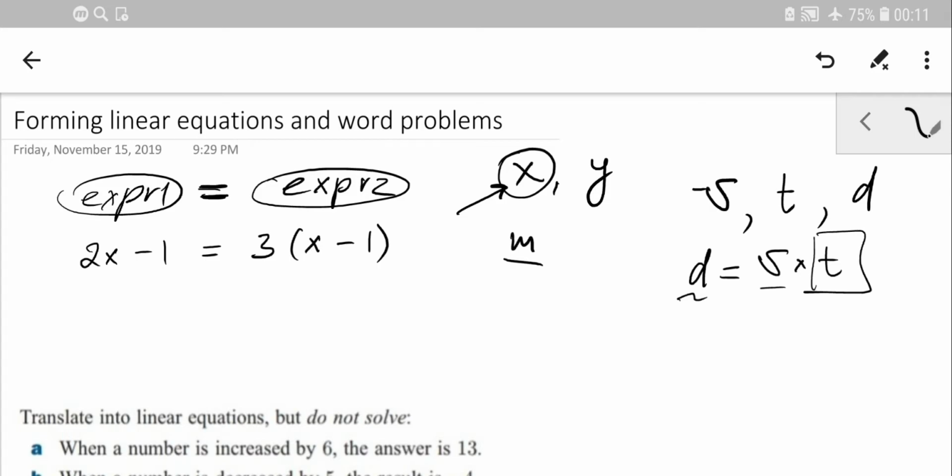So what are the steps in order to form a linear equation? When you hear the statement, what steps do you need to follow? First of all, you need to decide what the unknown quantity is, what the unknown value is, and choose an appropriate variable to represent it.